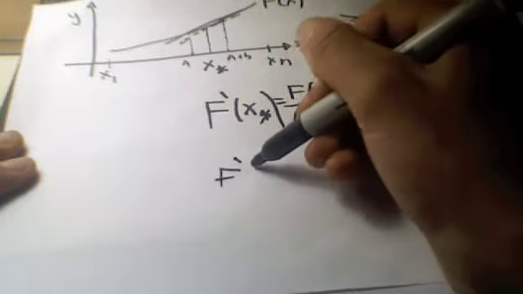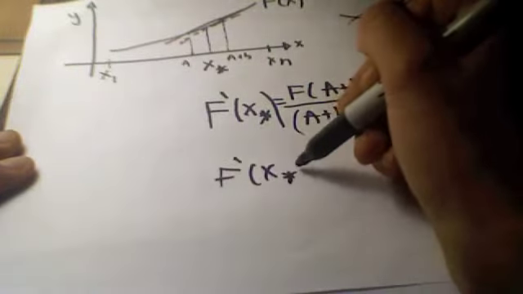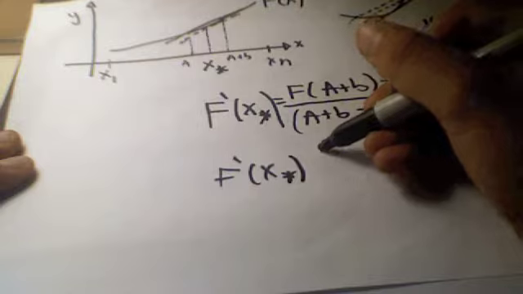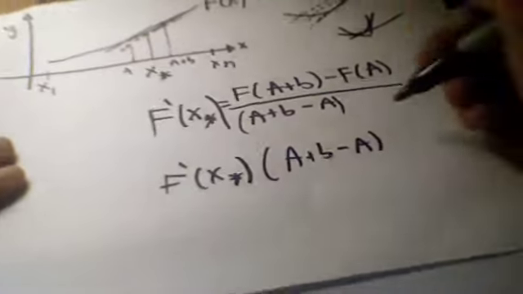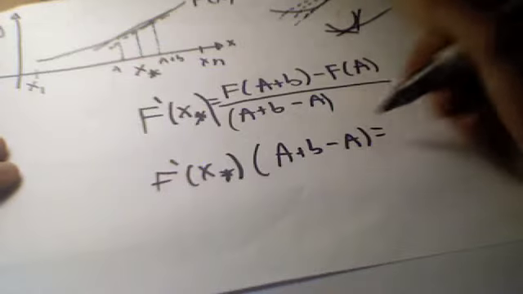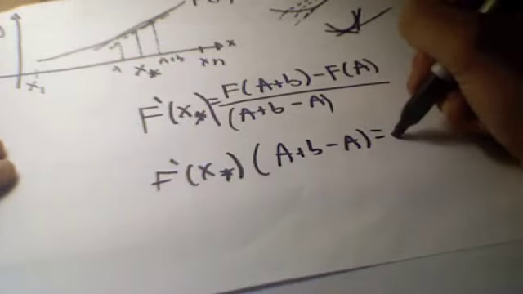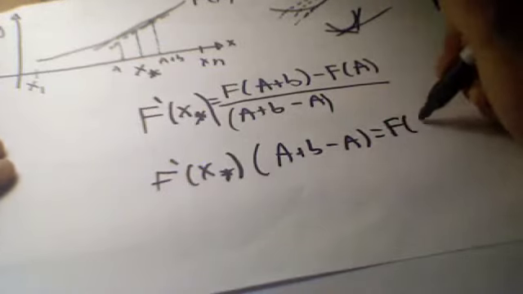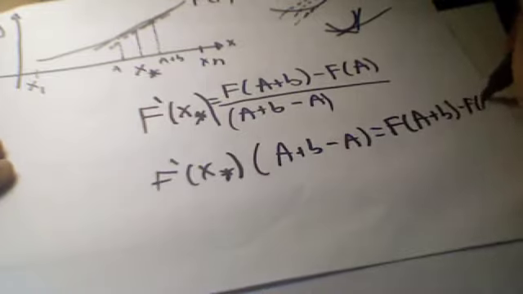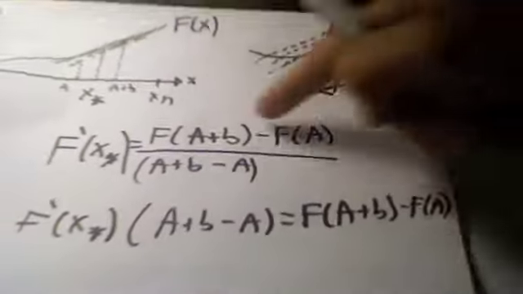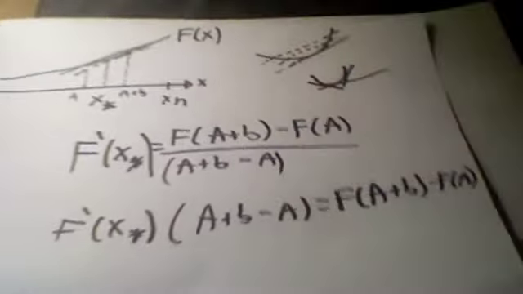So f prime of x star, if I multiply both sides by that number, I can say that these two amigos are equal to this. Right? You see? It's the same here. Just multiply both sides together.